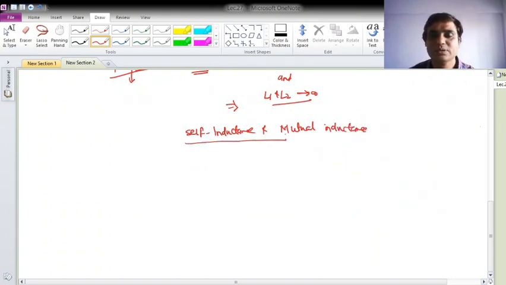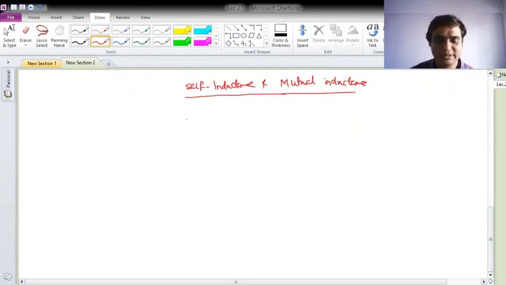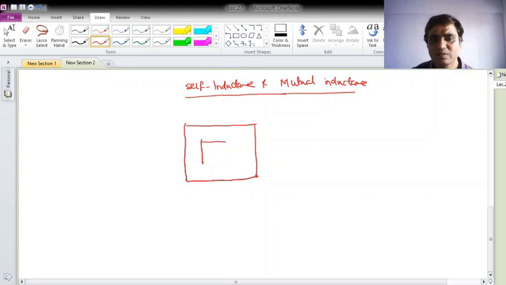To define the self inductance and mutual inductance, let me first draw the magnetic circuit. Suppose I have this magnetic circuit, and let's say this is my magnetic core, and to this I have wound the wire like this.